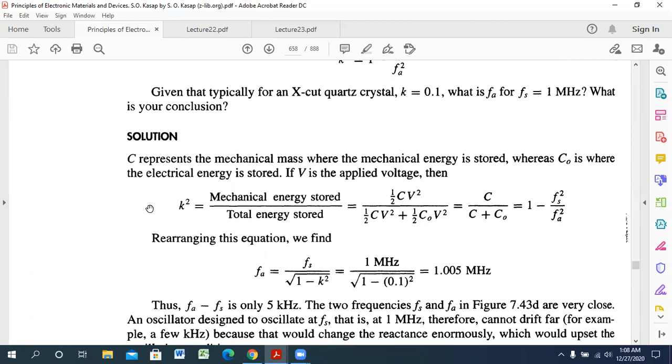K squared is the mechanical energy stored, half CV square, divided by the total energy, half CV square plus half C naught V square. The voltage and the half factors cancel from the numerator and denominator, so we get C divided by C plus C naught.